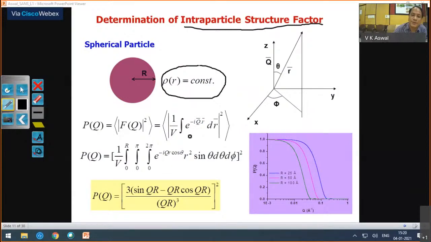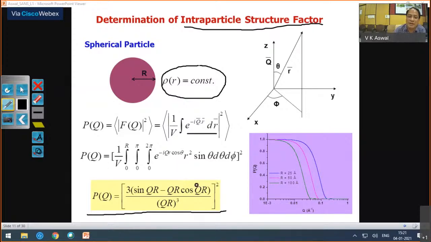So this is the expression. Since you have a spherical particle, you can use spherical polar coordinates. This is an assignment for you, to get this expression. You can simplify this term. And this is the expression for the intraparticle structure factor for a spherical particle.